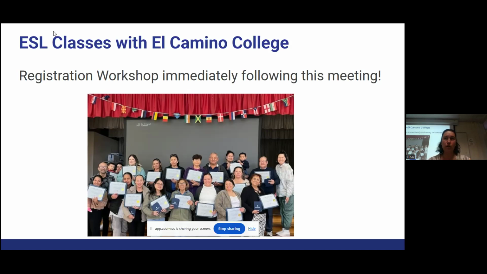If you can't join, no problem. Just reach out to your community liaison and they will guide you to me and I will help you register in the future. Today is our registration, but if there's still space available, you can still register later in the week. It's also on Parent Square. Thank you very much.